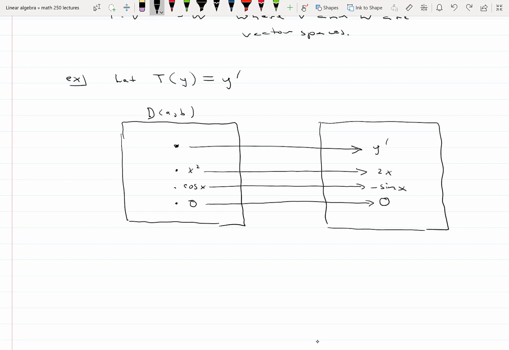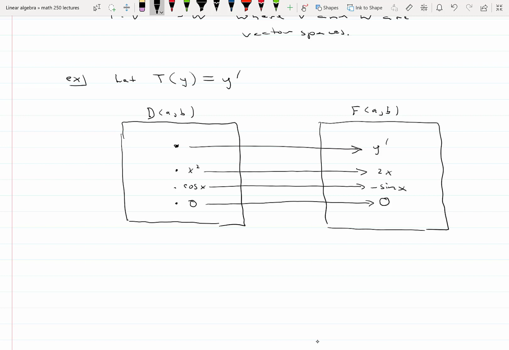Each of the specific functions, x squared, cosine x, and y equals 0, those are all differentiable, and their derivatives happen to be differentiable, but the derivative doesn't necessarily have to be differentiable itself. So the range would be elements from just, let's say, the set of functions on an interval, let's say, from A to B.